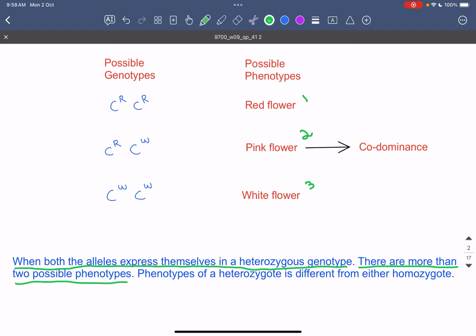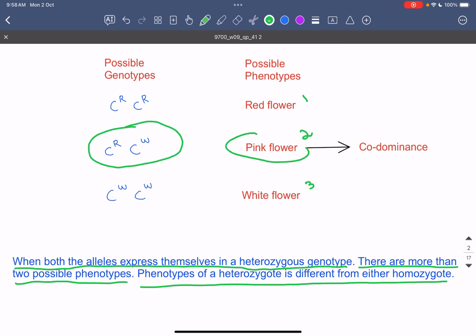Not like dominance where you only have 2 phenotypes. And the phenotype of a heterozygote is different from either homozygote. Pink flower is different from red and white flower.